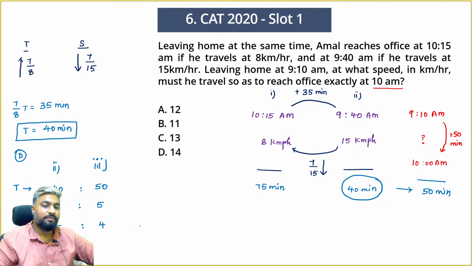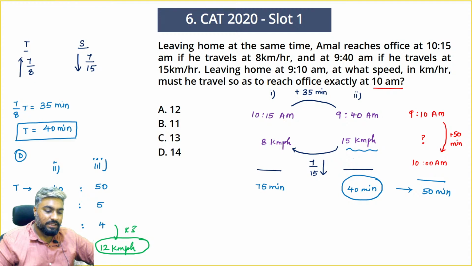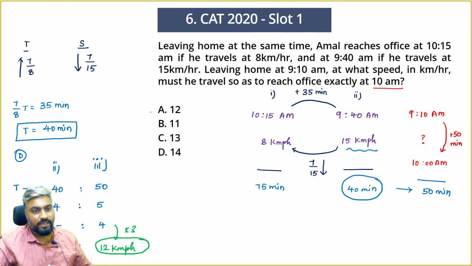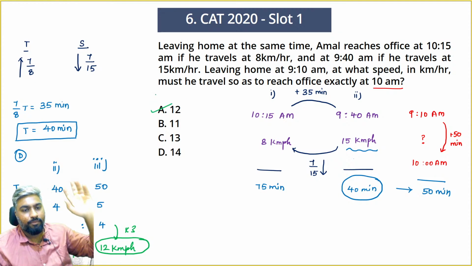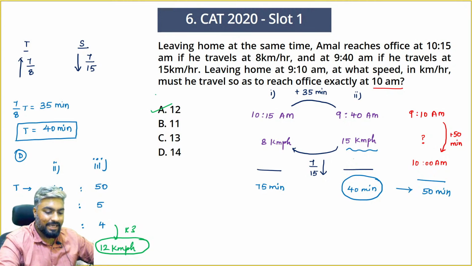Agreed, everybody? 5 parts is this 15 kilometers per hour. So how do I get 15? By multiplying with 3. So 4 multiplied by 3. My answer is 12 kilometers per hour. People who got 12 kilometers per hour, beautiful, very good. People who did not get it, I hope you understood this. Say yes if you got this, guys.